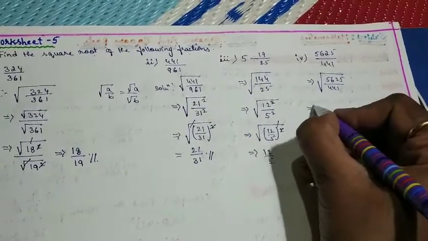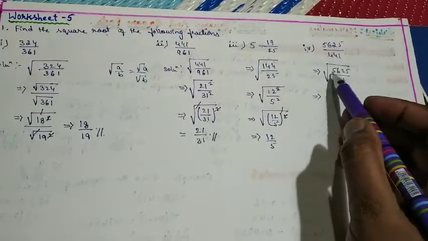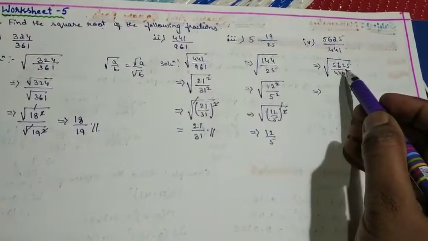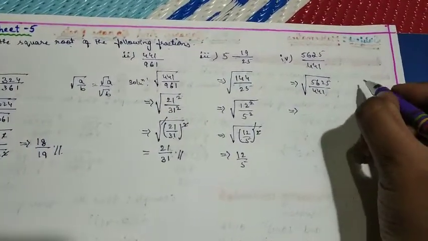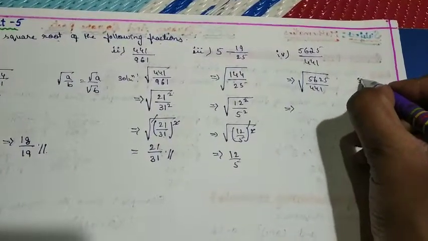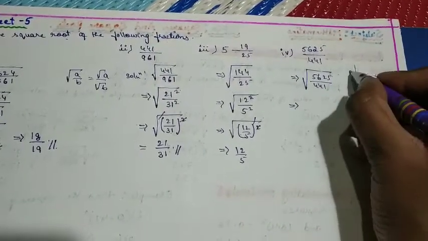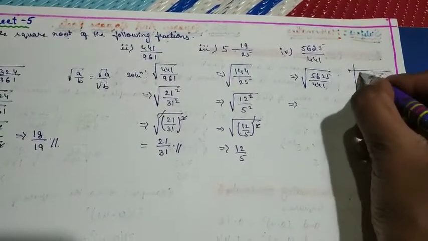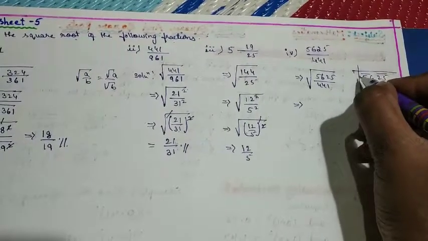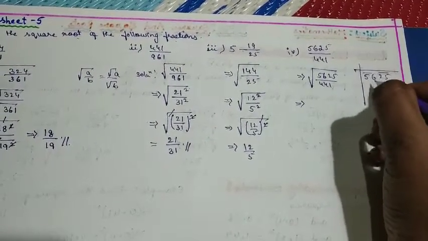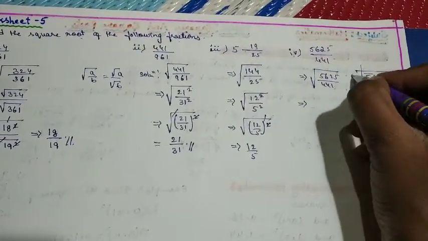We know that 441 is a perfect square of 21, but 5625 we do not know whose perfect square it is. So for that, as I told you, any one method you can follow to find its perfect square number. I'll go with the long division, children, here. So 25 and 56. The first period is 56. I think 7 square is better because 7 7s are 49, 8 8s are 64, which becomes greater than 56. So I'll go for 7.